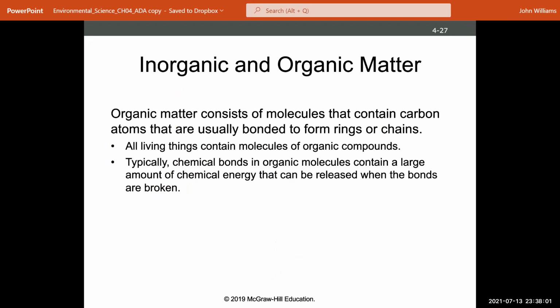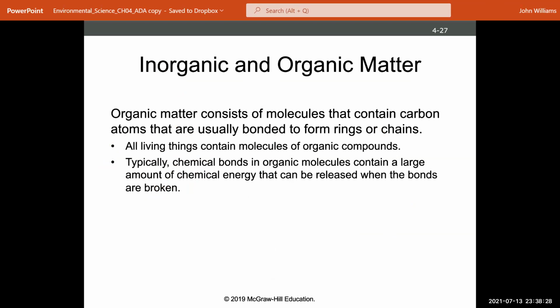Looking at inorganic and organic matter, we make the distinction based off of what that material is made out of in terms of their atoms. Organic matter is molecules that contain carbon skeletons. So they have these carbon atoms that are bonded to form that skeletal ring or chain.